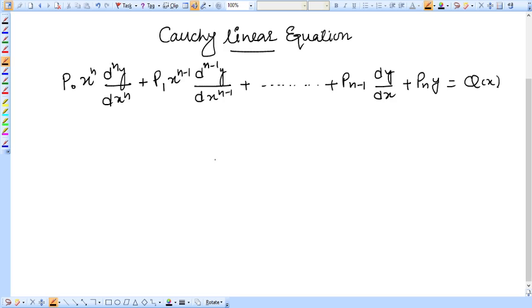An equation of this form is known as Cauchy's linear equation.